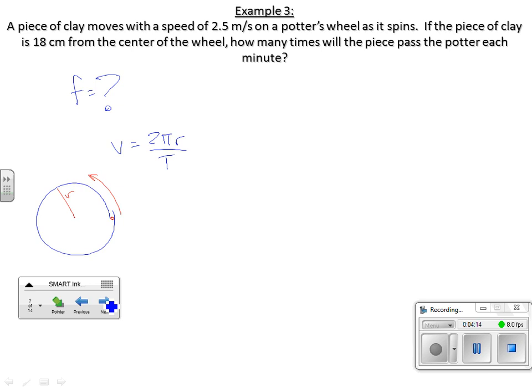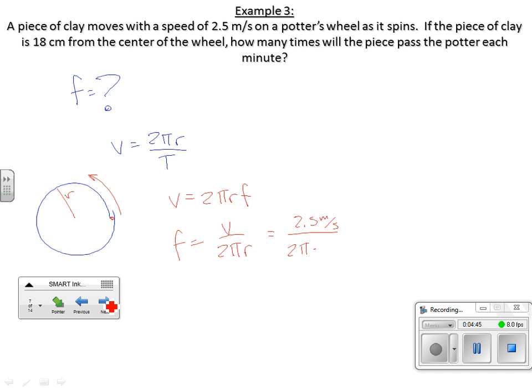Here's the thing that actually does help from the last page. We said that we can also write this as 2 pi r f. Especially here, since we want the frequency, that makes sense to do. So I'm going to write it as f is v over 2 pi r, or 2.5 divided by 2 pi times 18 centimeters.